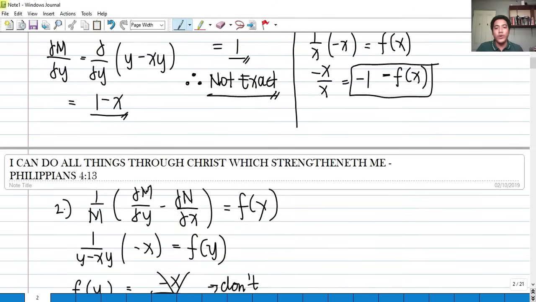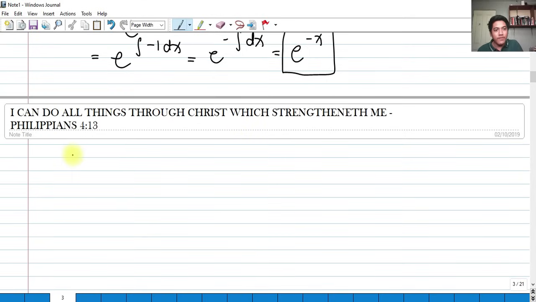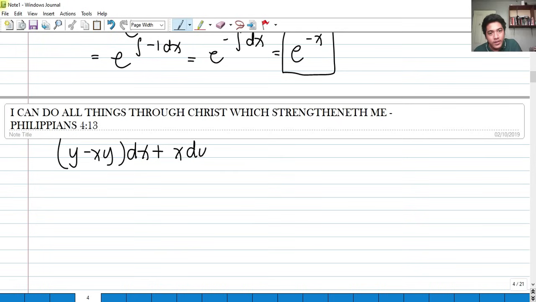So what are we going to do? First, let's have the given again. Our given a while ago is y minus xy dx plus x dy. So this is our non-exact DE.